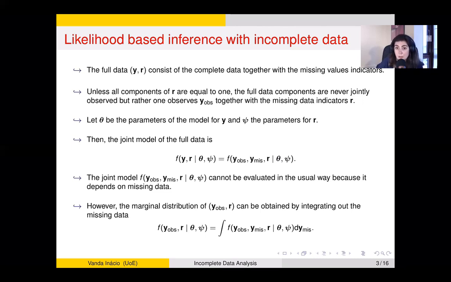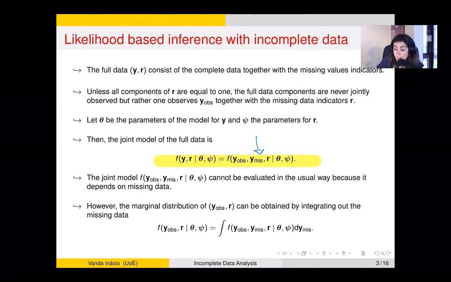And therefore, the joint model of the full data is given by this expression here, right? And I cannot evaluate the joint model in the usual way, because I have missing values because of this quantity here.